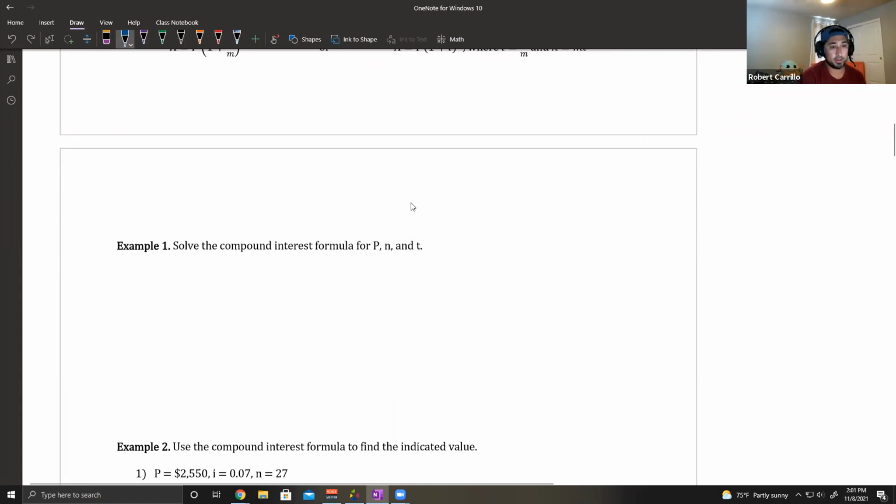So I'm going to rewrite it here: A equals P times (1 plus I) to the N. And remember that I is rate over compoundings and N is compoundings times time. Okay.